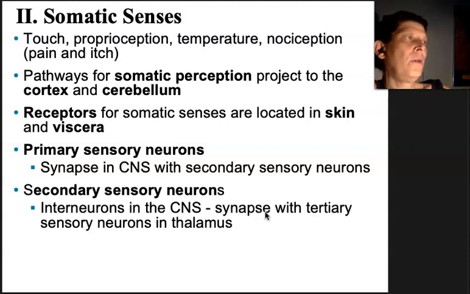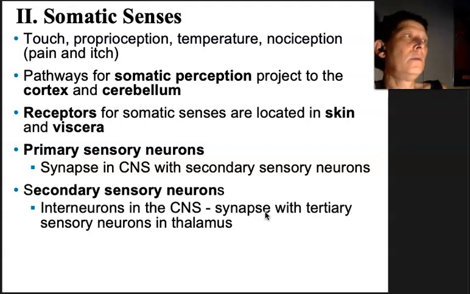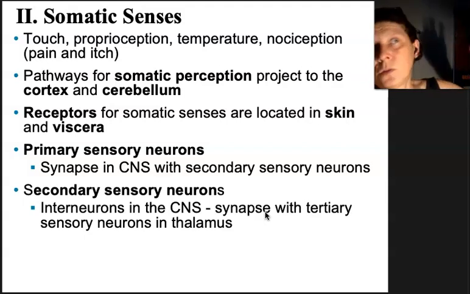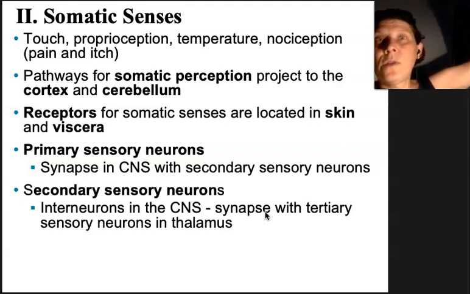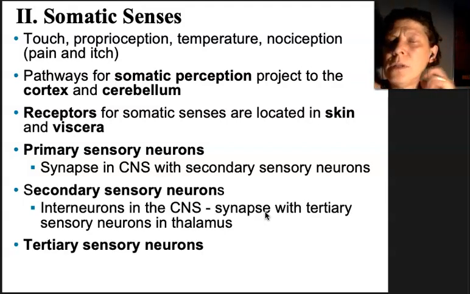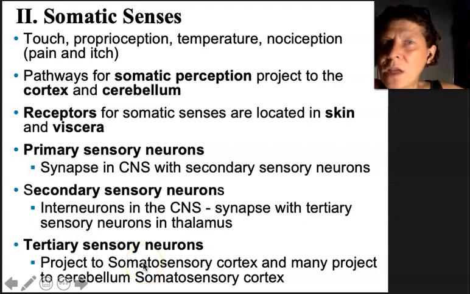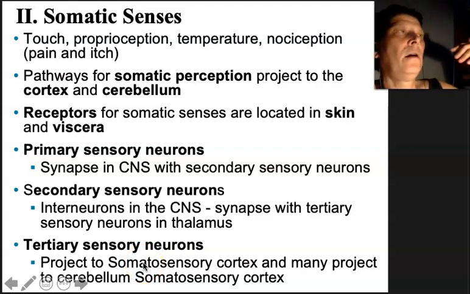And that secondary neuron can reach all the way to the medulla oblongata, or it can reach all the way to the thalamus. The tertiary neuron is then that neuron that sends from the thalamus to, let's say, the somatosensory cortex.